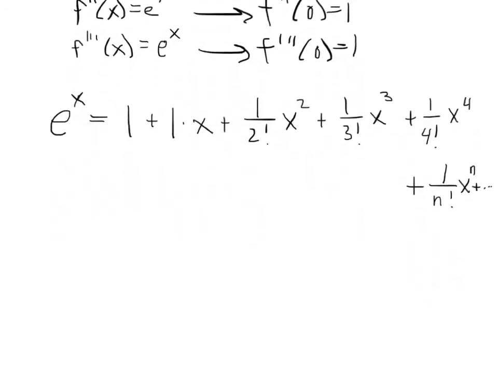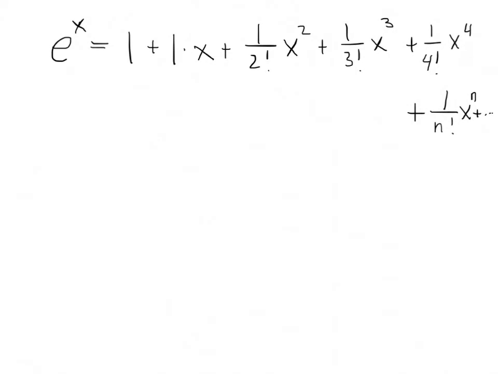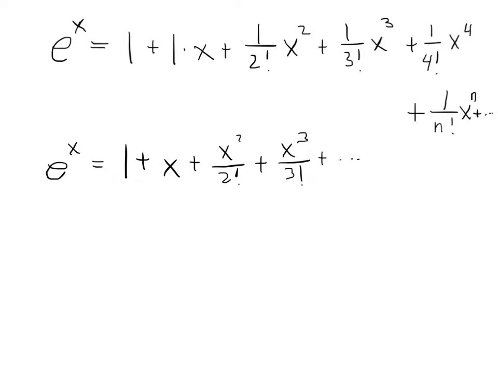So we can simplify this a little bit and say that e to the x is 1 plus x plus x squared over 2 factorial plus x to the third over 3 factorial plus ... plus x to the nth over n factorial, and then plus, and again, because this is infinitely long, right?